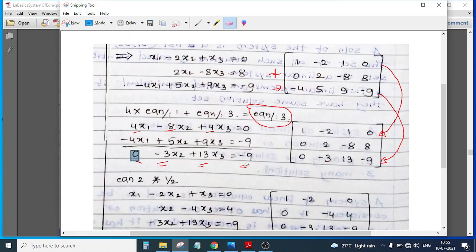You can observe clearly that whenever you write equal to some equation, only that corresponding equation will be changing. So this same thing can be written as equation 3 equals equation 3 plus 4 times equation 1.